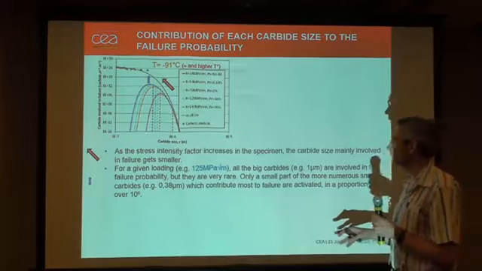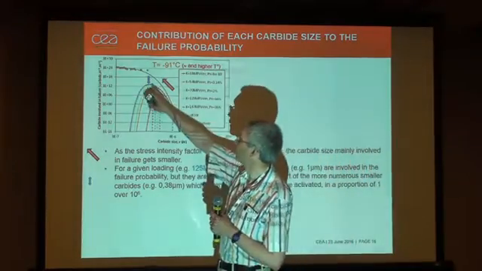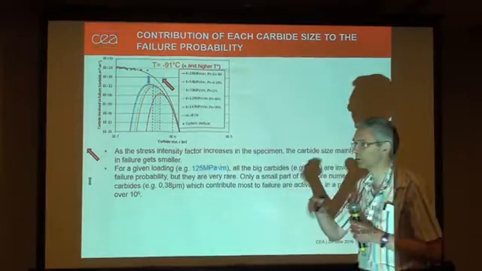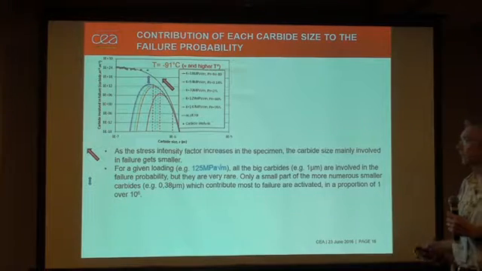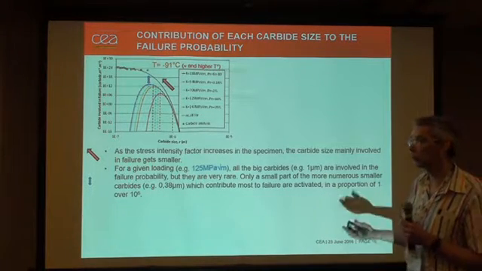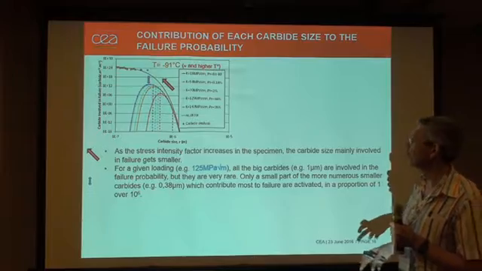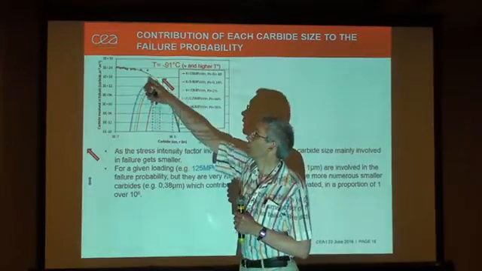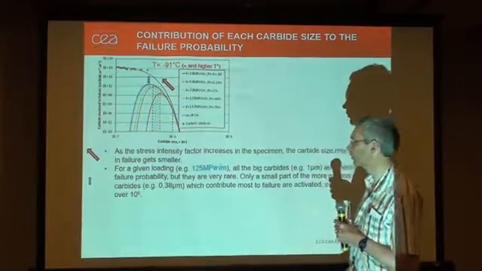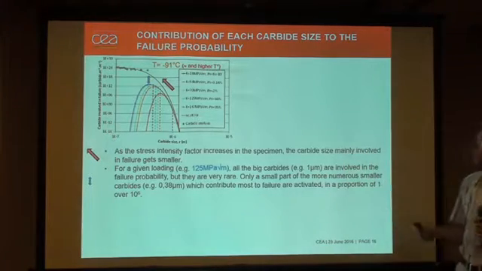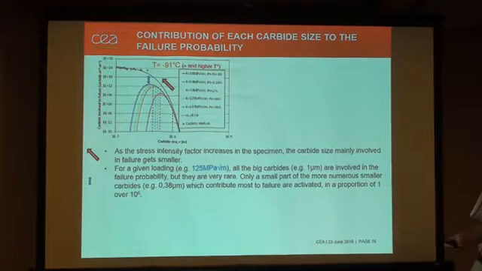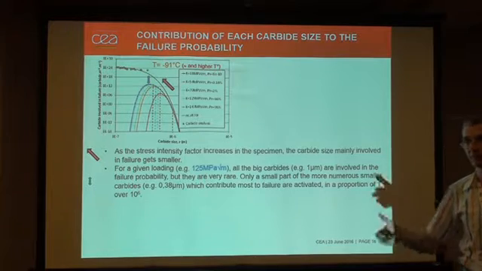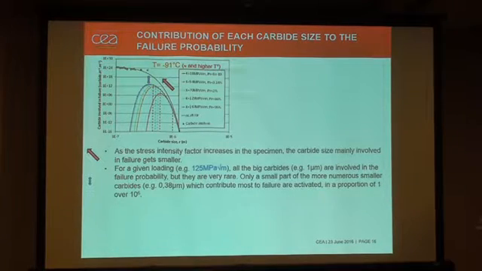On the contrary, for smaller carbides, for example 0.4 microns, which contribute the most to failure, only a small proportion of these carbides contribute to failure, with a proportion of 1 in 1 million inside the plastic volume.